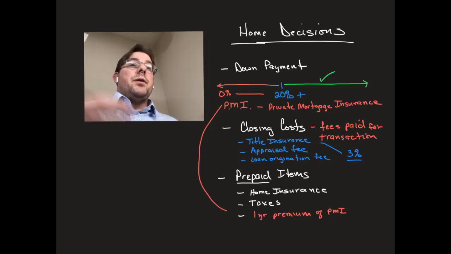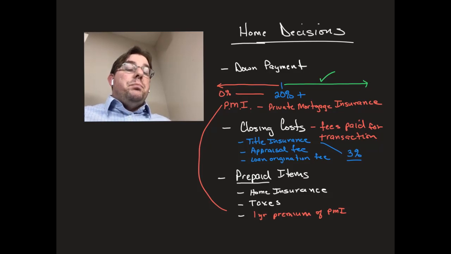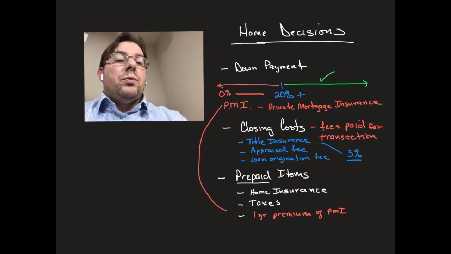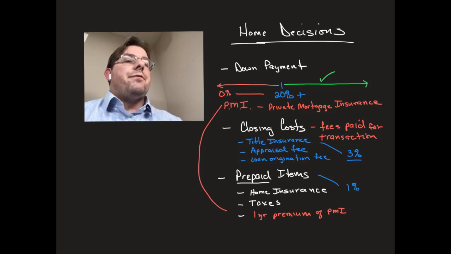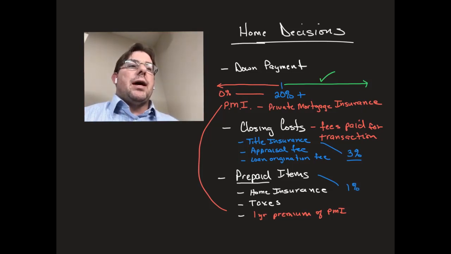Okay, so this insurance is going to collect your first year's premiums, and you have to pay for these things up front, typically for the first year. So you're paying your first year's home insurance, your first year's of taxes, and your first year premium of PMI. This normally will come to about 1%, roughly. Again, I'm generalizing this idea roughly.